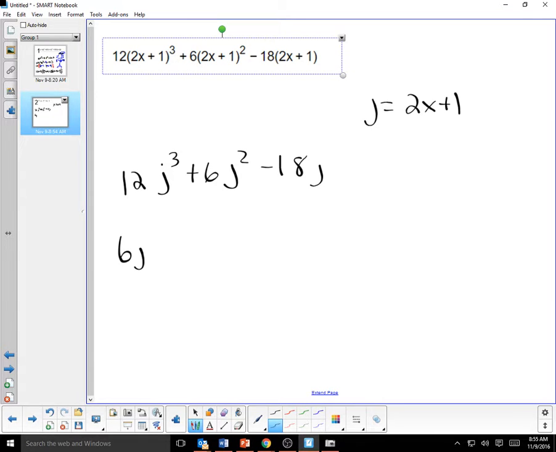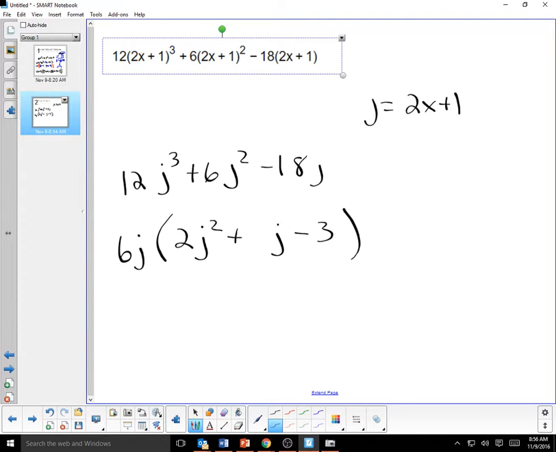No, not 6j squared, it's just 6j. So 6j, this would become 2j to the second plus 3j minus, and that's not 3, that's a 2. That's a 1. That's a 1. This is a 3. You guys have got to catch me on that.